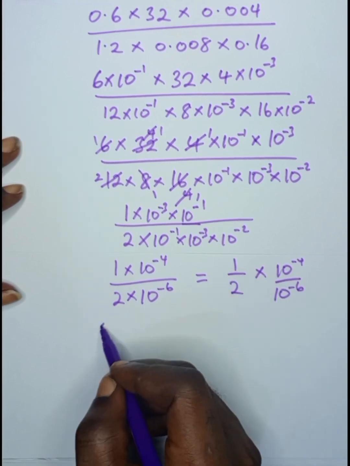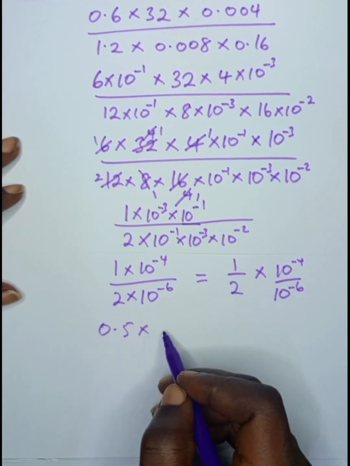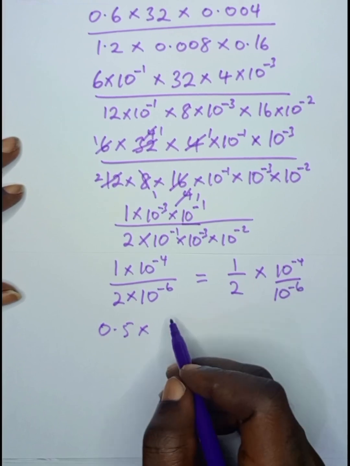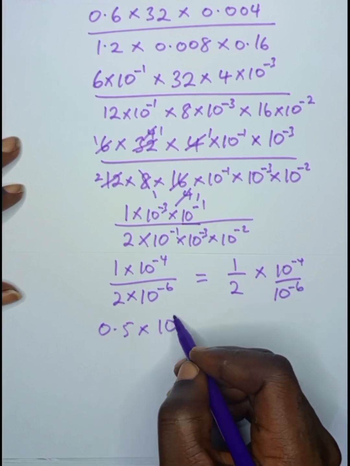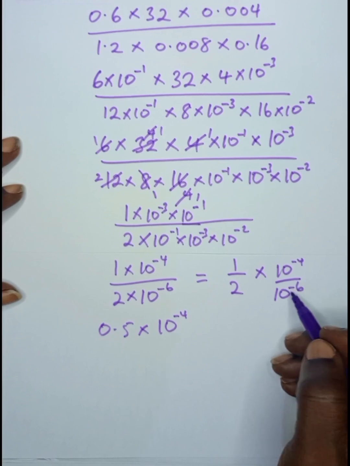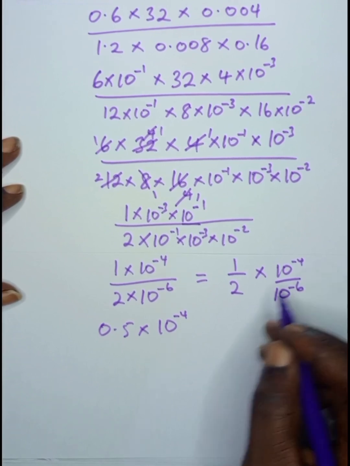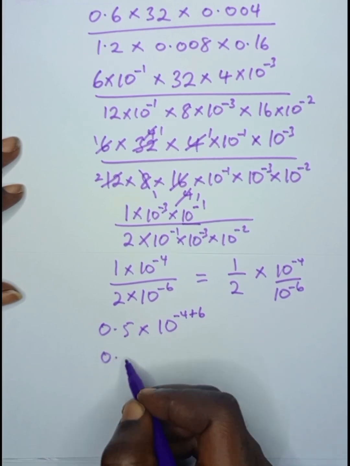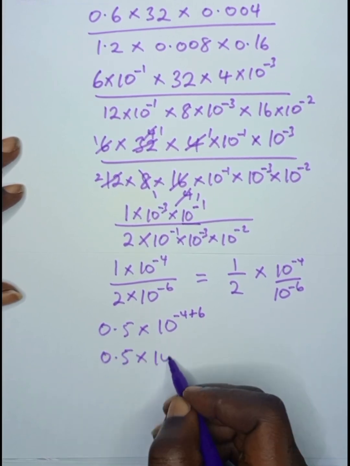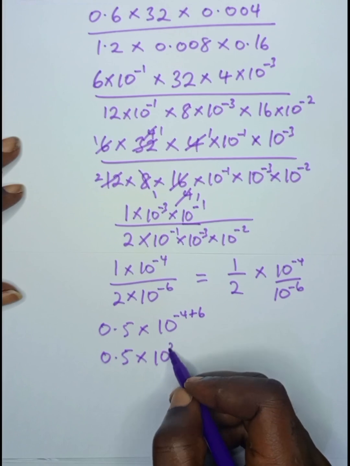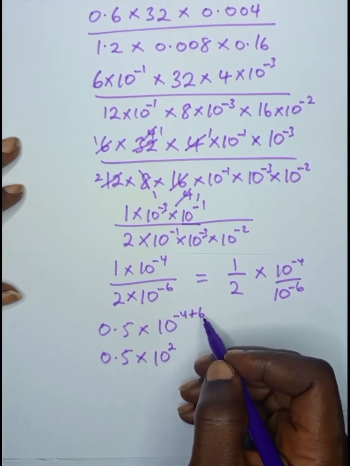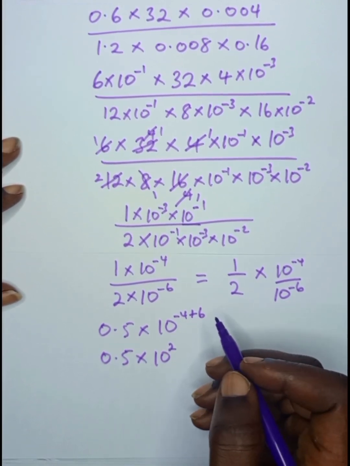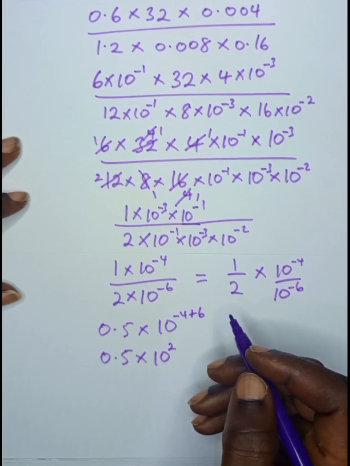So 1 over 2 is 0.5 times 10 raised to the power minus 4. When the minus 6 goes up, it's going to be plus 6. So you're going to have 0.5 times 10 raised to the power positive 2, because minus 4 plus 6 is positive 2. We are leaving the answer in standard form.